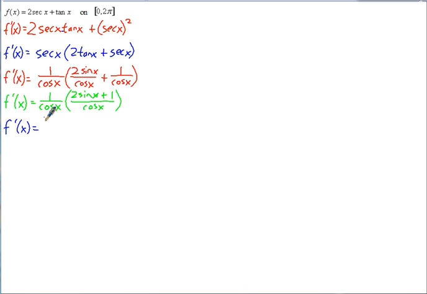So on the numerator we'll just have 2 sine of x plus 1 over on the denominator cosine of x times cosine x is cosine of x squared. And then it's easier to find your critical numbers by saying the numerator equals 0 and the denominator equal to 0.